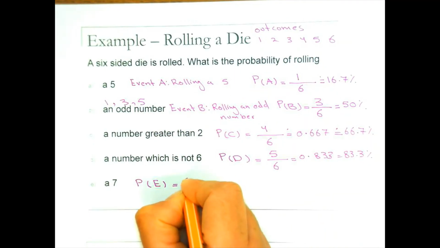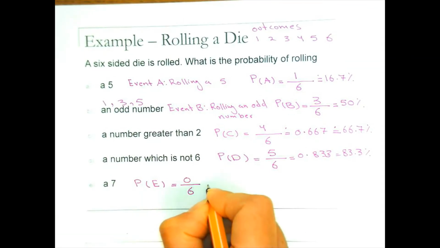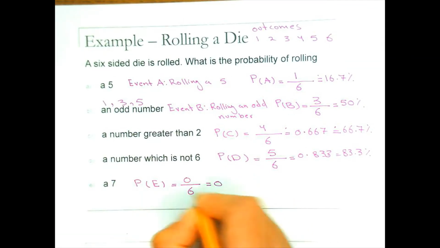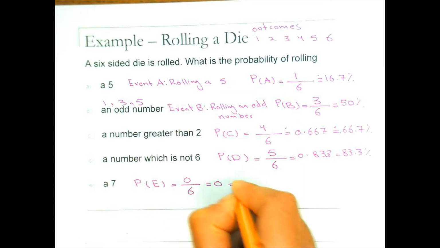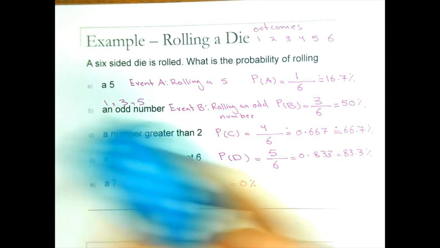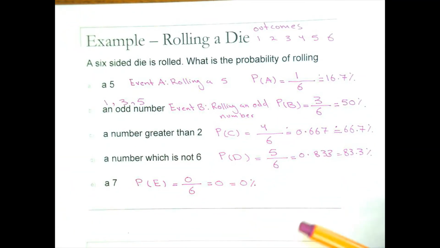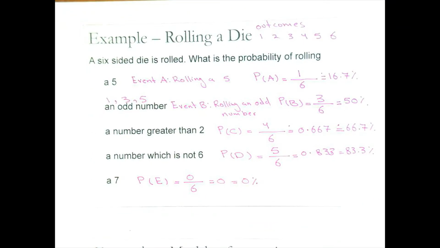So there are 0 outcomes that meet this condition, which is 0 divided by 6, which is 0%. That means there is no chance, and that is true. There is no chance to get a 7 on a 6-sided die.